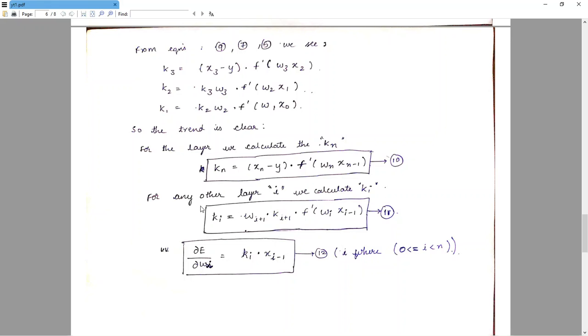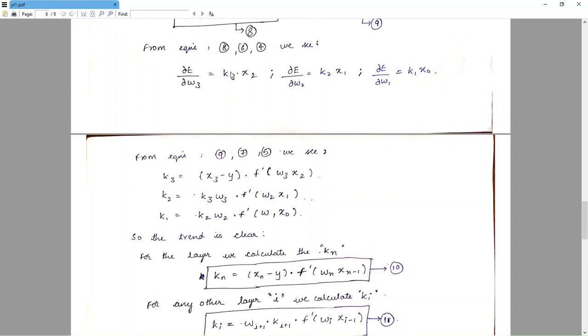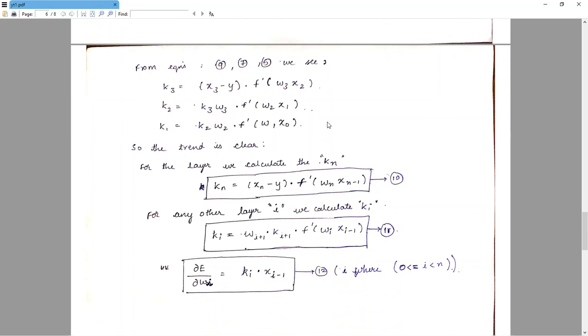For any other layer, for all the previous layers, we calculate ki. If we get this ki, we get this error, right? So we need to calculate that ki, right?